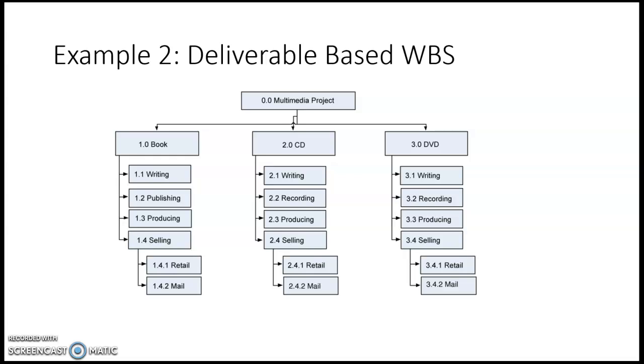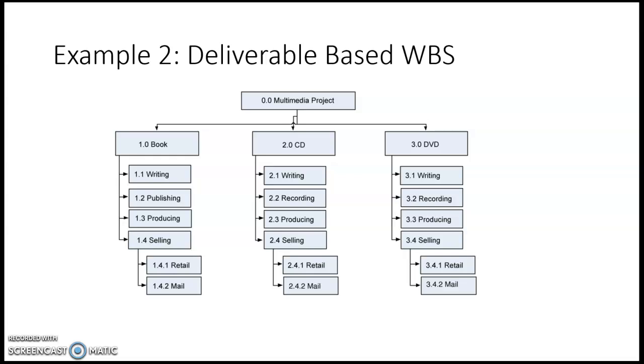Under that we will have certain deliverables, which are books, CD and DVD. It is basically for a similar item, so we are creating book, CD and DVD also. All those tasks can be done simultaneously, so we do not need to do those tasks in phases.